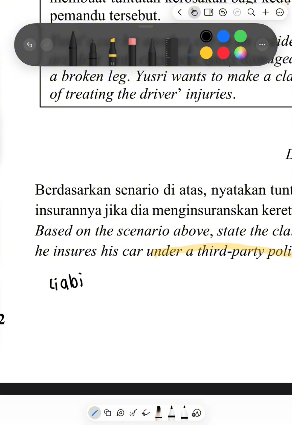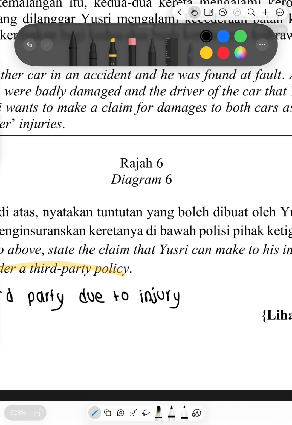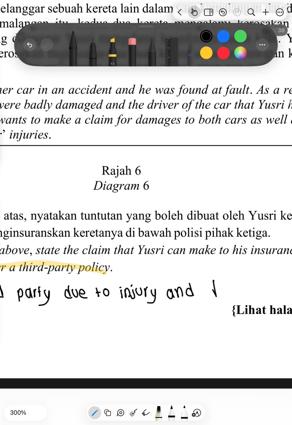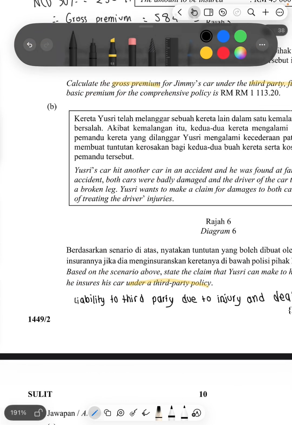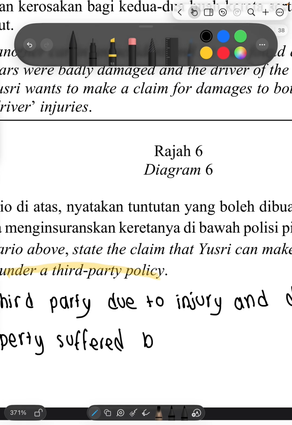Liability to third party due to injury and death, loss of property suffered by third party.